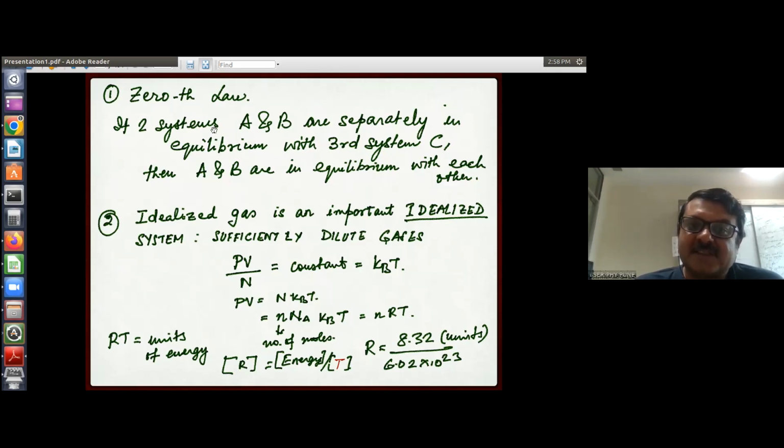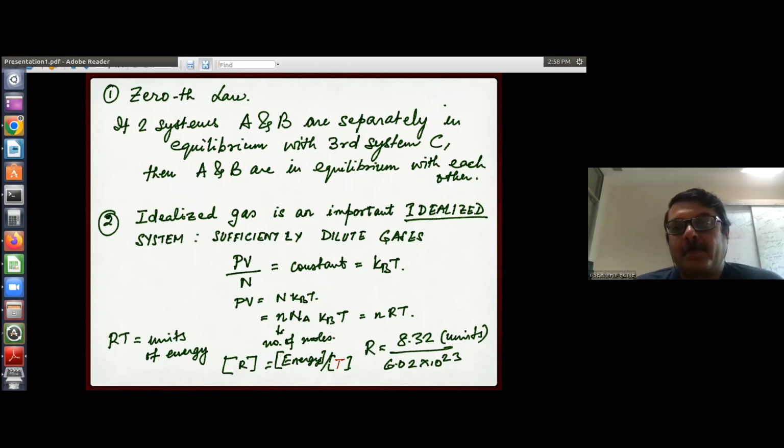If A and B are separately in equilibrium with a third system C, which is the thermometer, then they are going to have the same temperature, and A and B are in equilibrium with each other. So they have to be in equilibrium with each other to be maintained at the same temperature in some sense, right? And so that's the importance of the zeroth law.